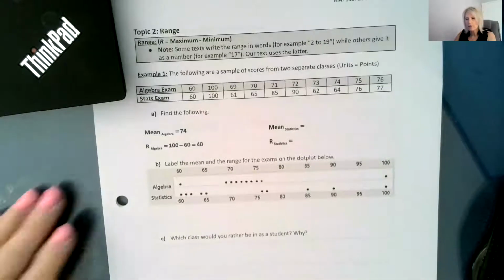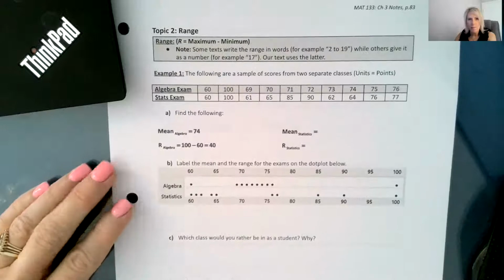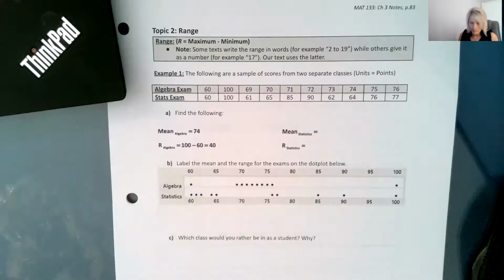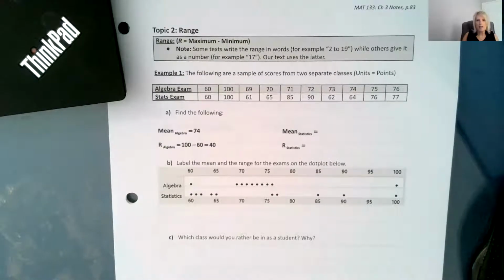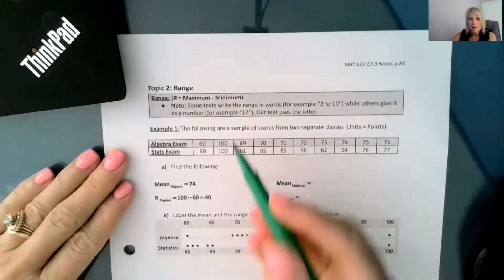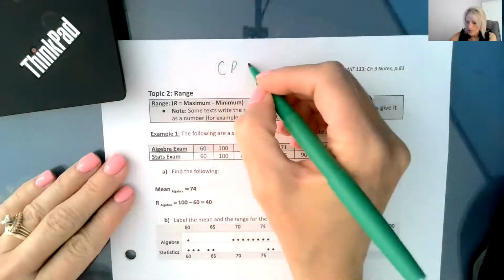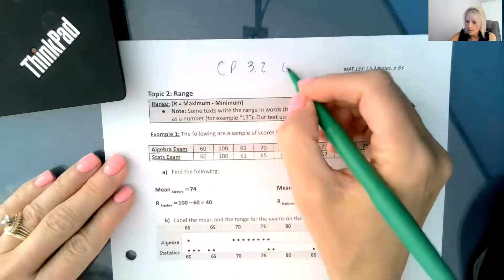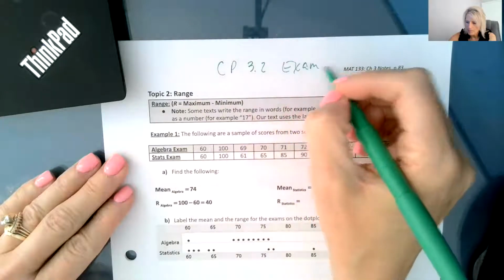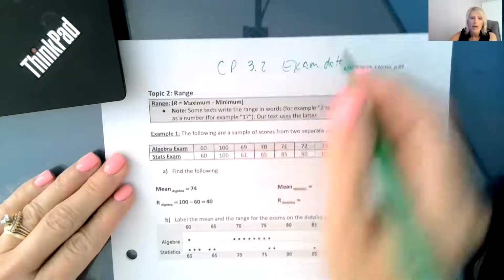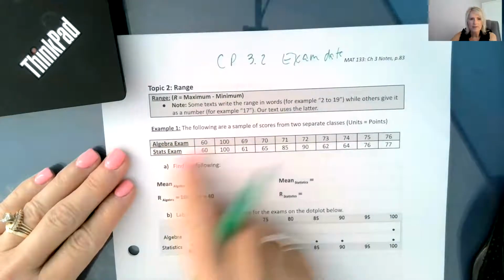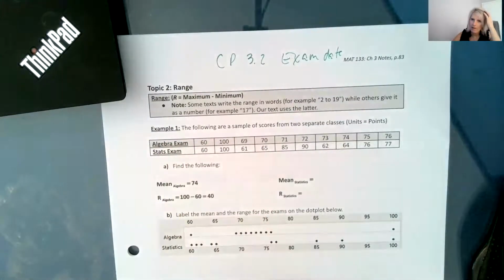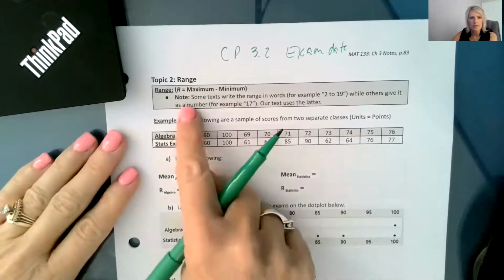So I'm going to have you turn to StatCrunch and pull up the data set that says CP 3.2 exam data. And there's going to be one column that is the algebra exam and one that's the stats exam. And when we look at that data, the first measure of dispersion is the range.